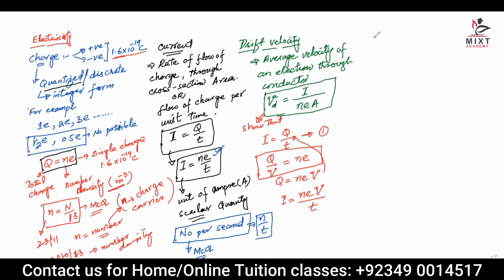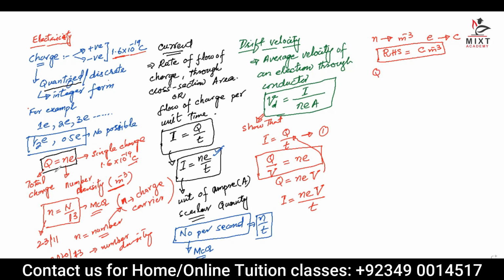Now, can you tell me the unit of small n here? Meter cubed. Meter cube. Now, what is the unit of E? Coulomb. So on my right hand side, the unit is Coulomb per meter cube. Now let's check the left hand side.